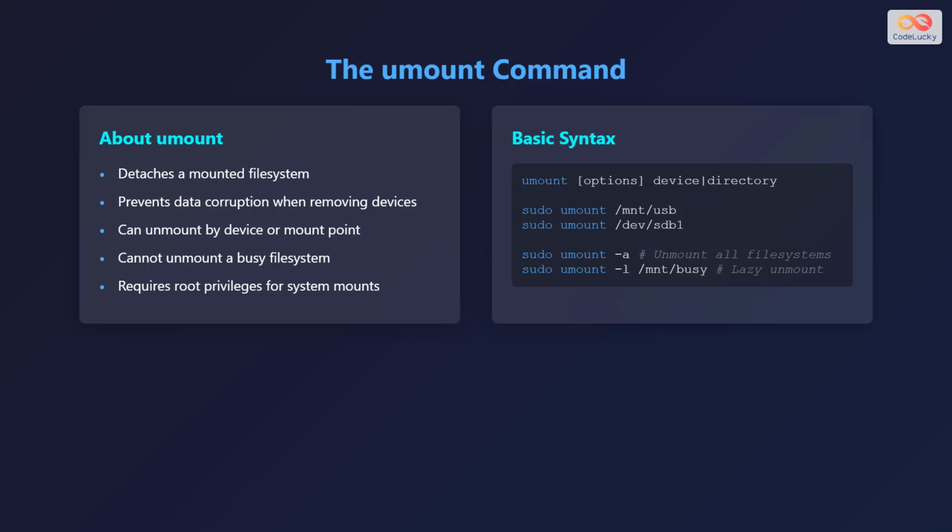To unmount a file system in /mnt/usb, use sudo umount /mnt/usb. To unmount the device /dev/sdb1, use sudo umount /dev/sdb1. To unmount all file systems, use sudo umount -a. For lazy unmounting, use sudo umount -l /mnt/busy.